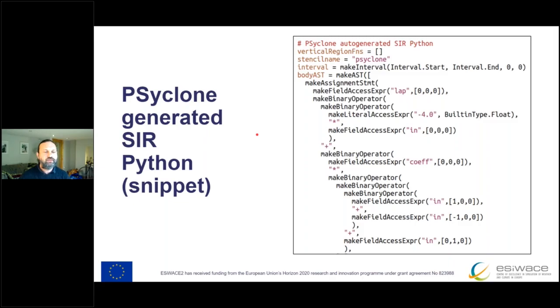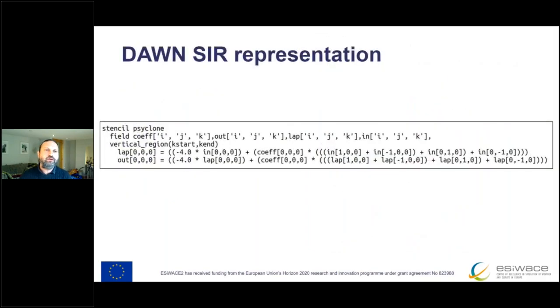So now once we've done that translation to the SIR, that can then be read in by Dawn. You can ask Dawn and say, please can you tell me what it looks like, and it presents you with a nice view of what it looks like. So you can now see we've got our Laplacians and our outs, and it's got the -4s, the same thing. So this is now in Dawn, ready to be optimized.